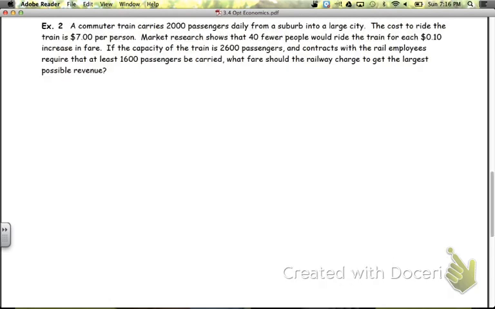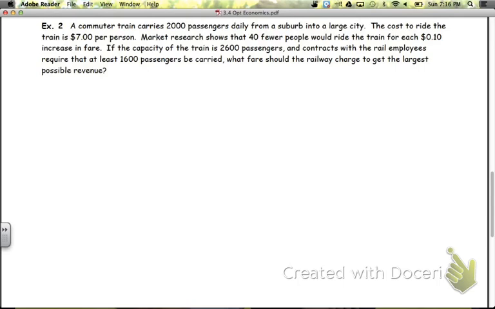And now for our second example. A commuter train carries 2,000 passengers daily from a suburb into a large city. So maybe from Burlington to Toronto. The cost to ride the train is $7 per person. Market research shows that 40 fewer people would ride the train for each 10-cent increase in fare.